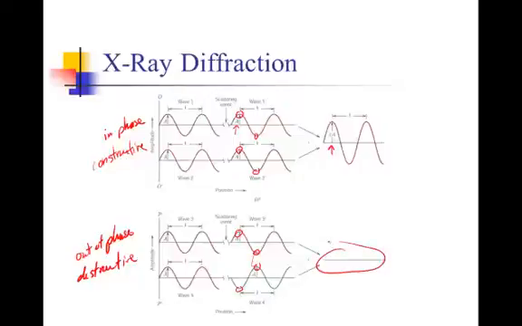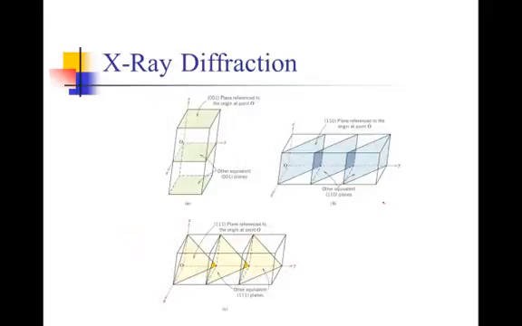And so whether they're in phase or out of phase will depend on the type of crystal you have, which controls the distance, what we call the D spacing, between the atomic planes. Oh, I should write that on the next slide. So this is our D spacing. This space in between these planes is our D spacing, and so on.